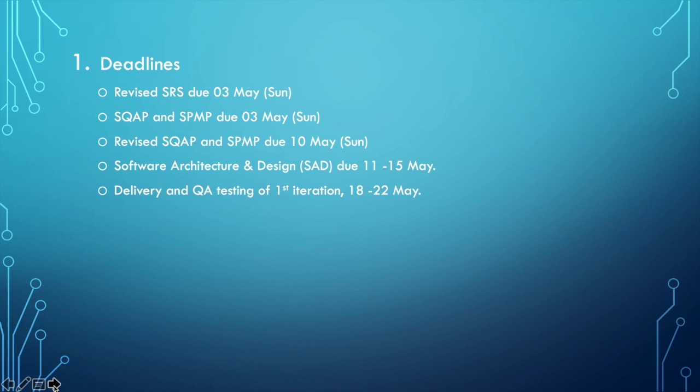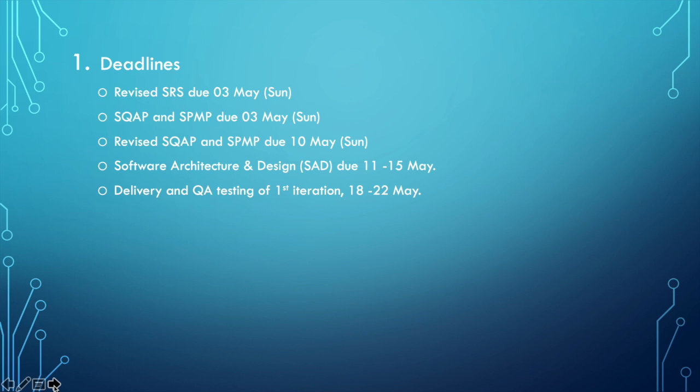I also said that the software quality assurance plan and the software project management plan are due also yesterday, the 3rd of May. The SQAP is the software quality assurance plan that is written by the QA teams.